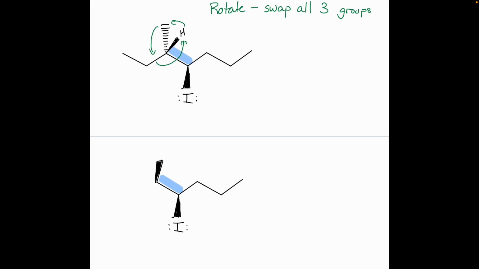So now on the wedge is the ethyl group. On the dash is the hydrogen. And the straight line is just my methyl group, right? So you have to swap all three of them. You can't just switch two of them. You got to rotate. So you got to move all three of those groups, like you're turning a steering wheel. Okay, so now my hydrogen and my iodide are on opposite sides.